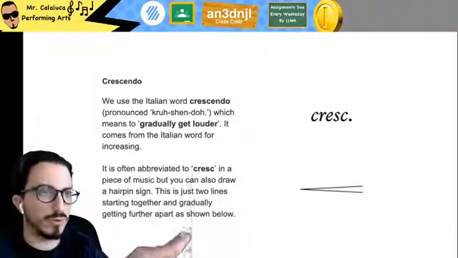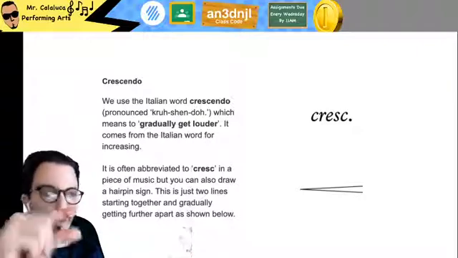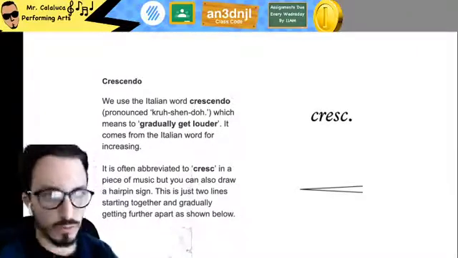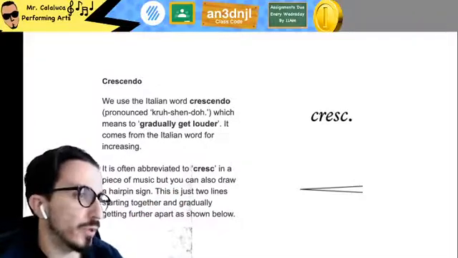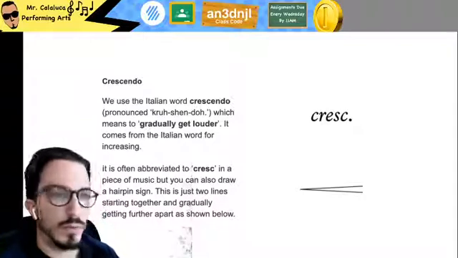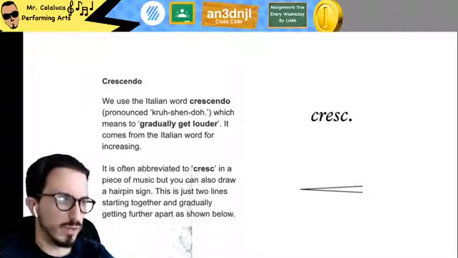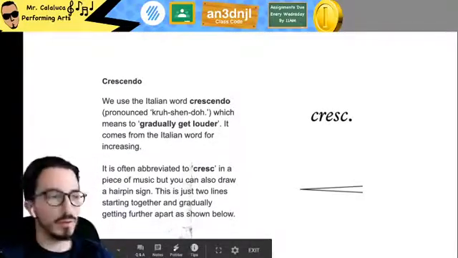That little alligator mouth is telling you when you need to be the loudest in that part. So go soft to loud. Or you can have that little CRESC abbreviation, and that means you do the same thing, but it's up to your interpretation. Either way is acceptable.